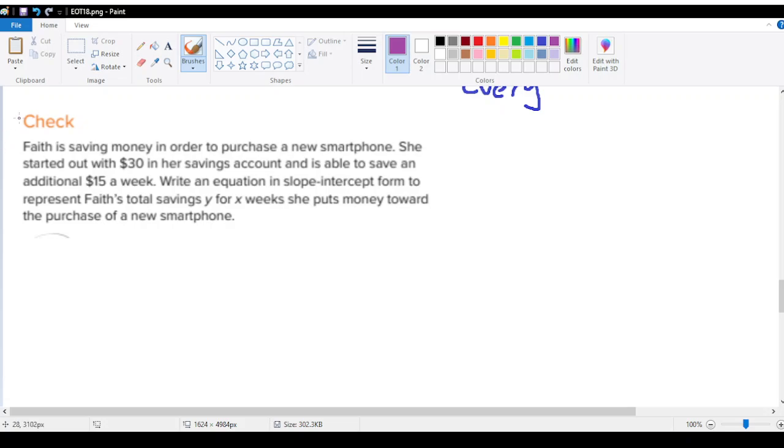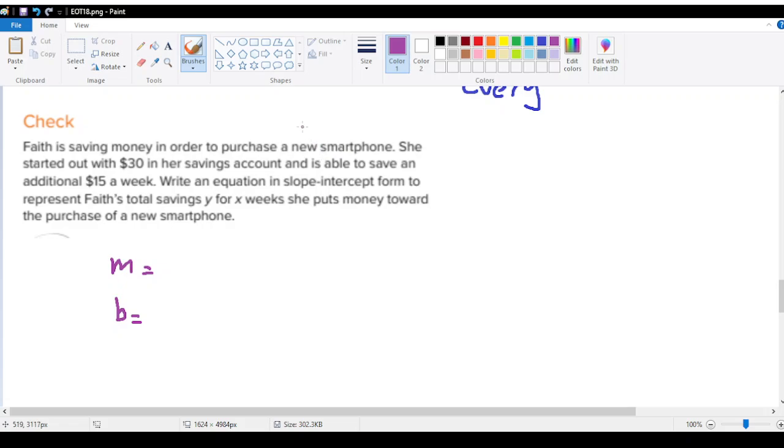That's correct. Write an equation in slope intercept form to represent Faith's total savings y for x weeks.